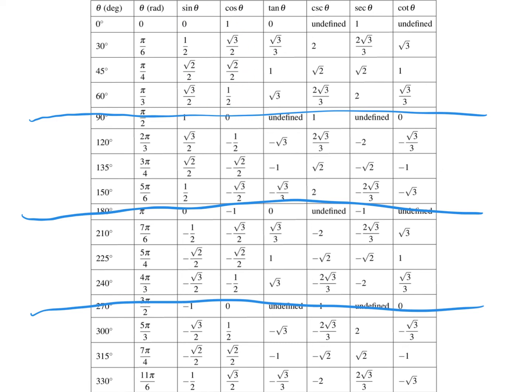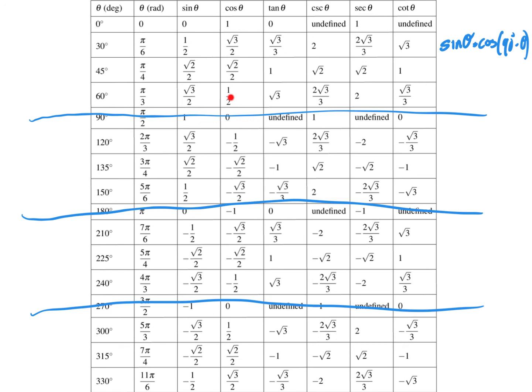In fact, if we use the cofunction identity, I recall that one says that sine of theta is the same as cosine of 90 degrees minus theta. And so sine of 0 would be cosine of 90 minus 0, or cosine of 90.